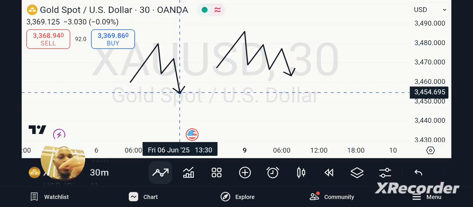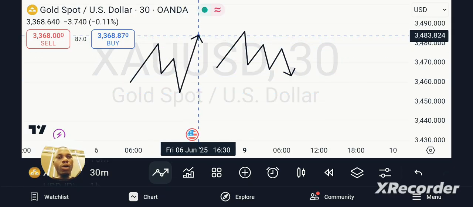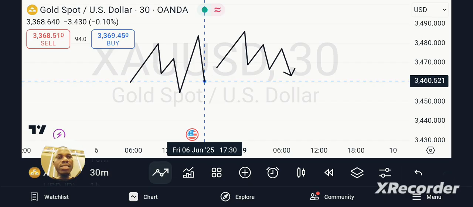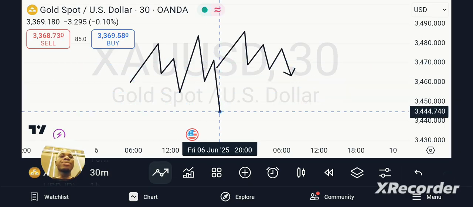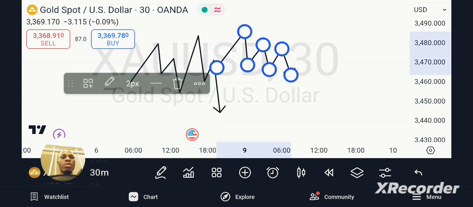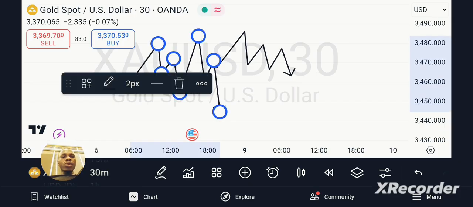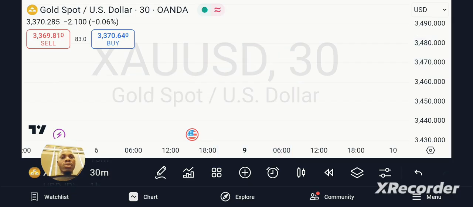Double top forming like this, or collecting all the liquidity and coming back like this. This is what I want to see when I'm looking for my entries. Okay, guys?